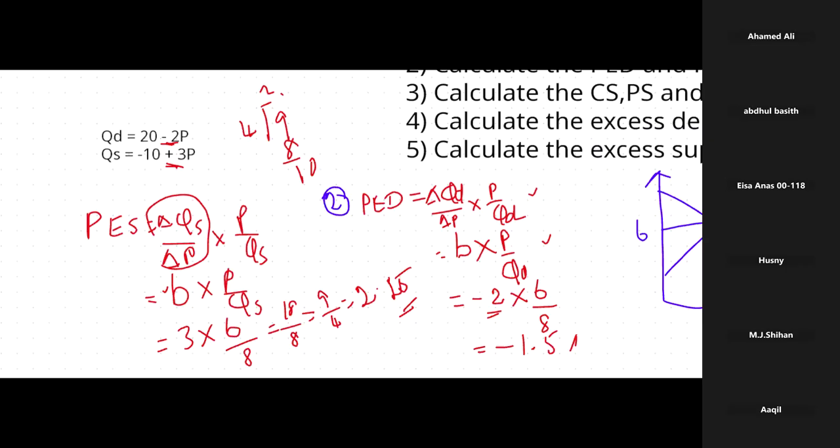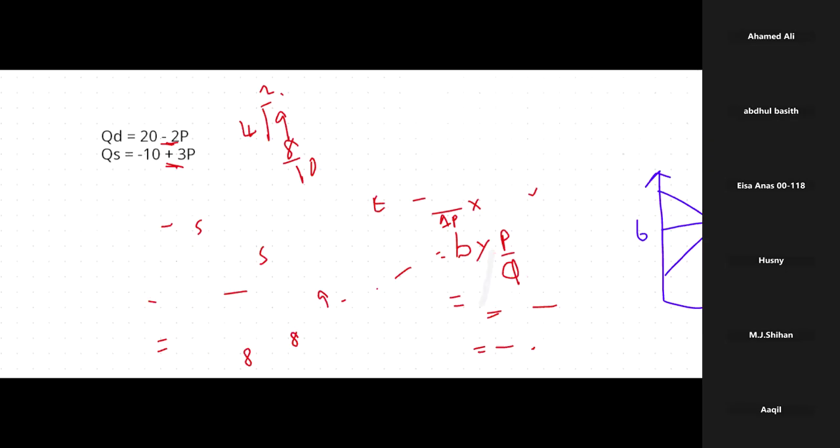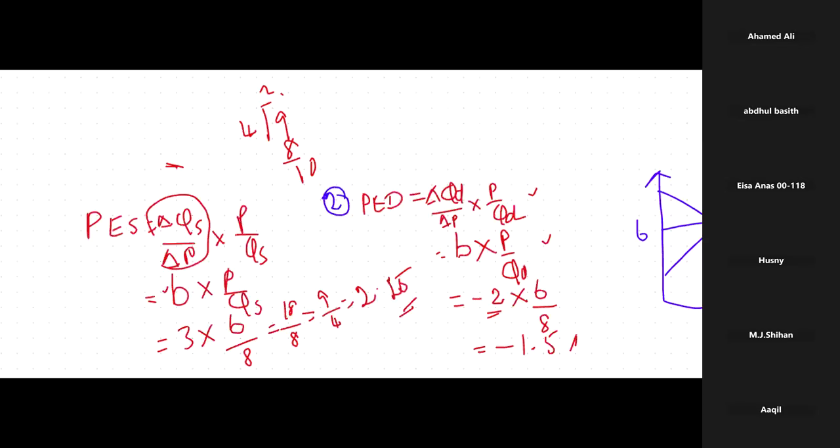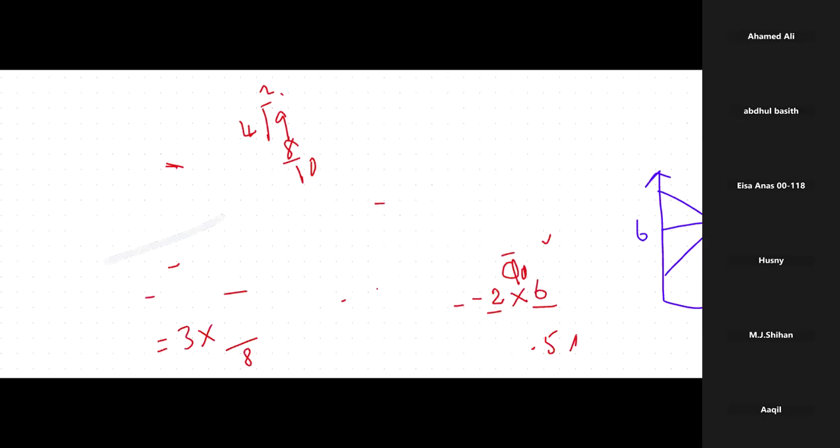All right. Now come to the next one. Consumer surplus, producer surplus, and economic surplus at equilibrium. So listen, when you calculate consumer surplus, recall the formula.